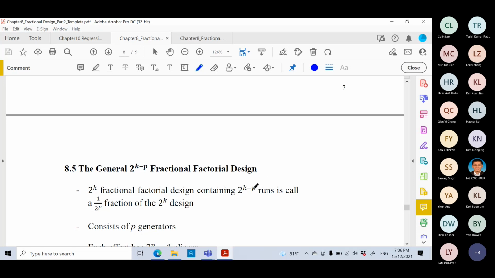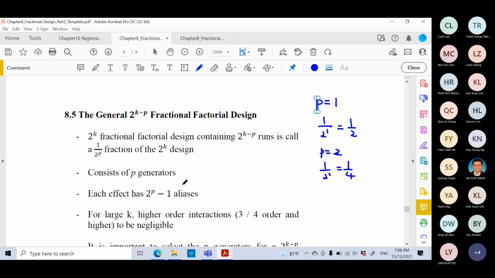If p is equal to 1, you only run the half: 1/2 power of 1 is equal to half. You only run half of the fraction of 2 power k. For the case of p equal to 2, you have 1/4: 1/2 power 2 is equal to 1/4. You only run a quarter of the 2 power k design.